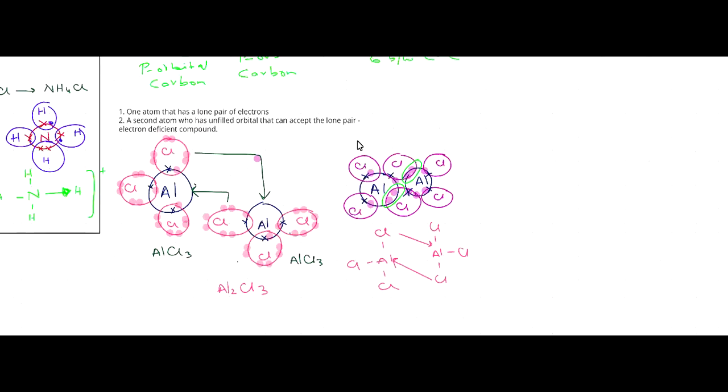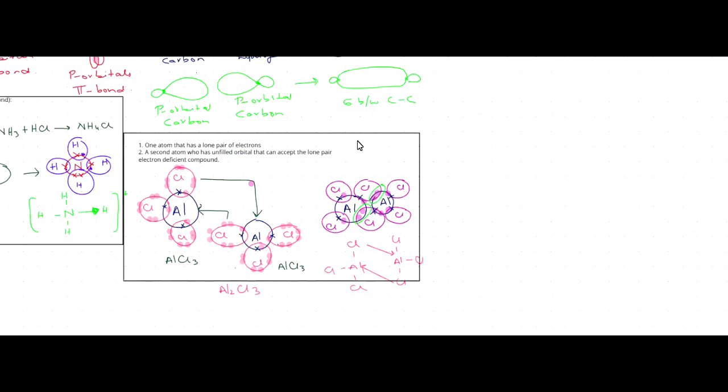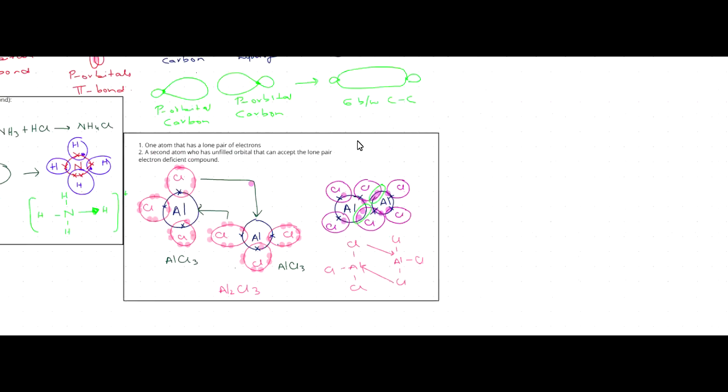So now you know that we can have sigma bonds, which are single covalent bonds. We can have pi bonds, which are seen in a double covalent bond. In a double covalent bond, the first bond is sigma, the second bond is pi. And then we have our sp3 hybridization, which is seen whenever a p orbital is involved in making a single covalent bond, in which different orbitals will mix together.